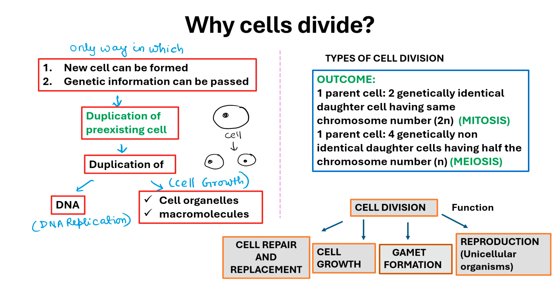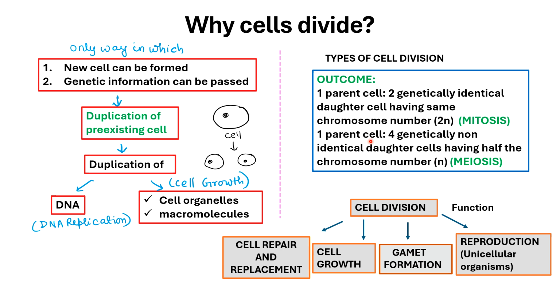Now an overview of the different types of cell division. So we have two main types of cell division: mitosis or equational division, in which if we compare the parent cell and the daughter cell, both will be genetically identical and chromosome number remains the same. And next is meiosis. What is meiosis? Meiosis is the reductional division.